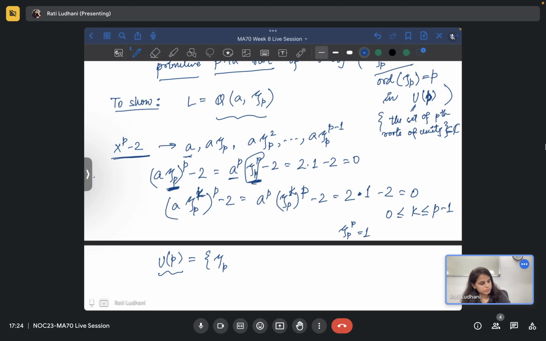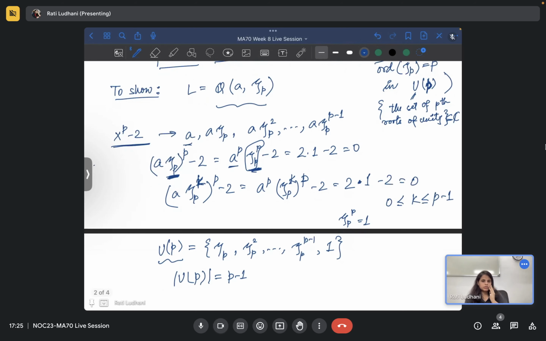What I mean to write is, you go till zeta_p raised to power p minus 1 and you will get 1. So this is this set, and its cardinality is p minus 1, right? If you remember, this is also in week 8, there was some revision of this.